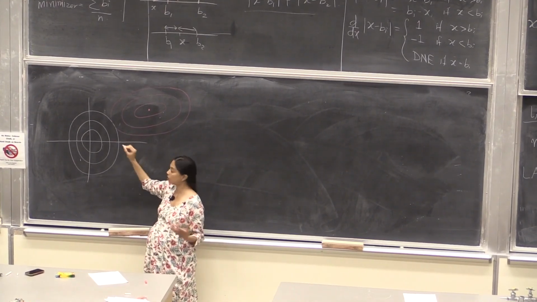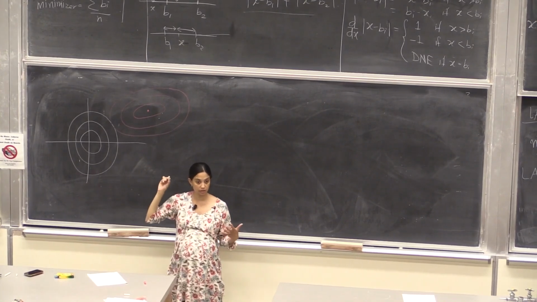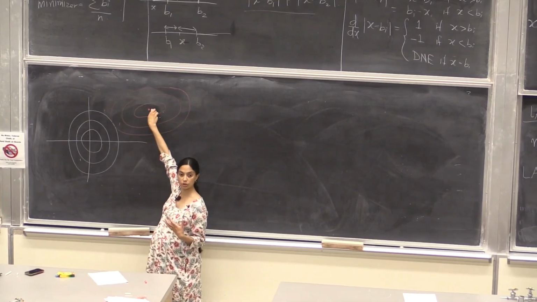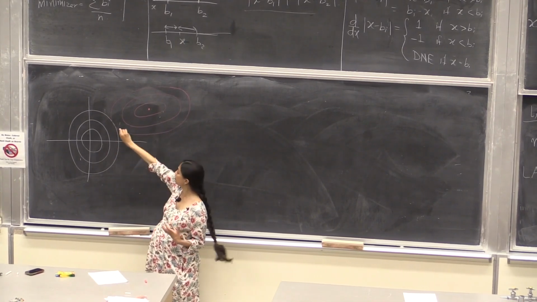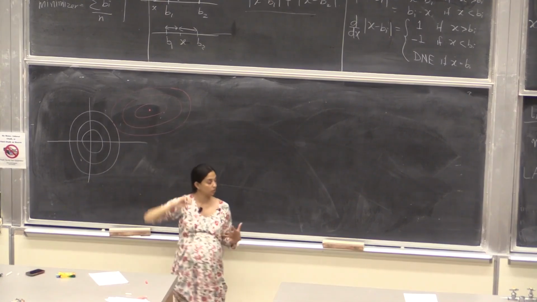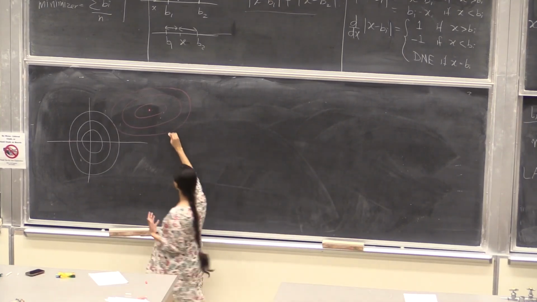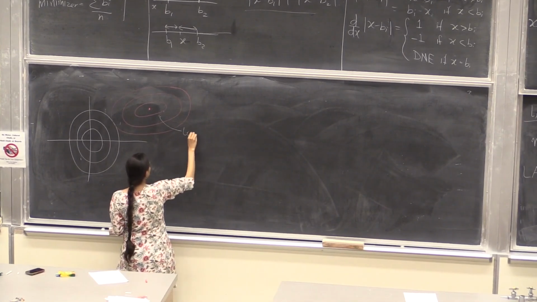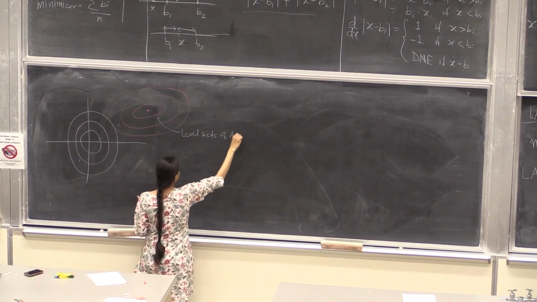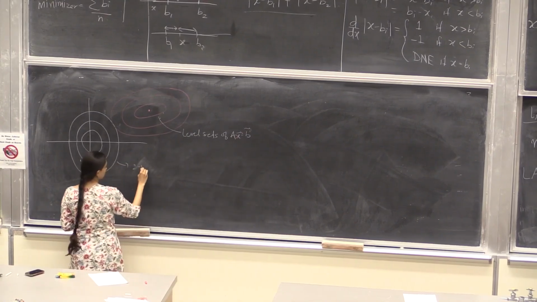If t is larger, then you can get smaller values of ax minus b, right? You see this trade-off here. As you go out, you can be closer to the solution. A solution is going to be where these things intersect. So you're looking at the level sets of ax minus b, and these are the two norm balls.